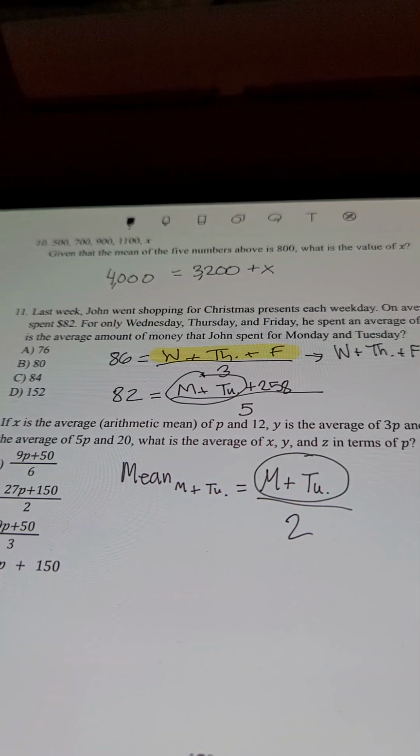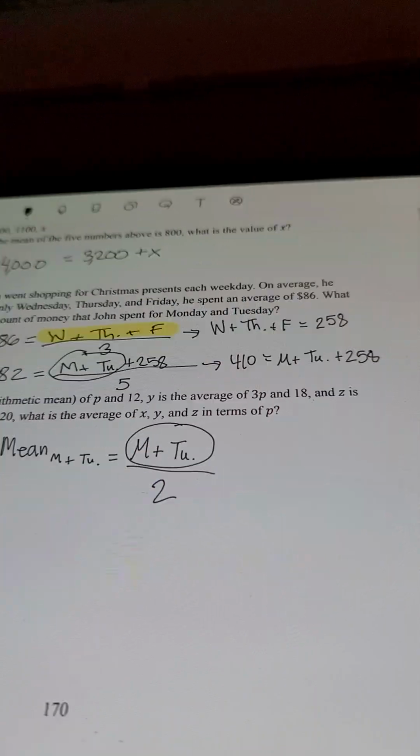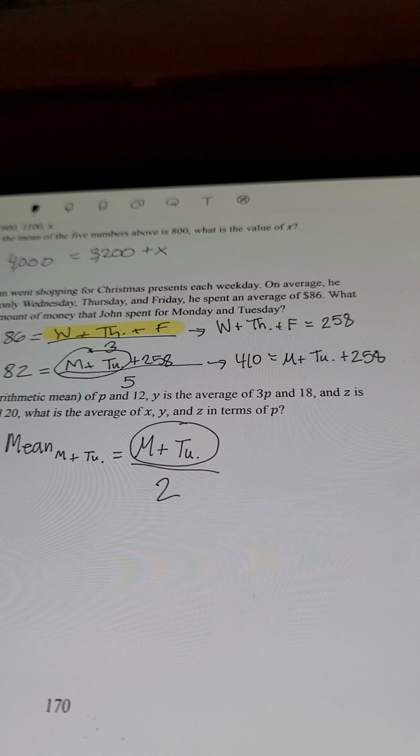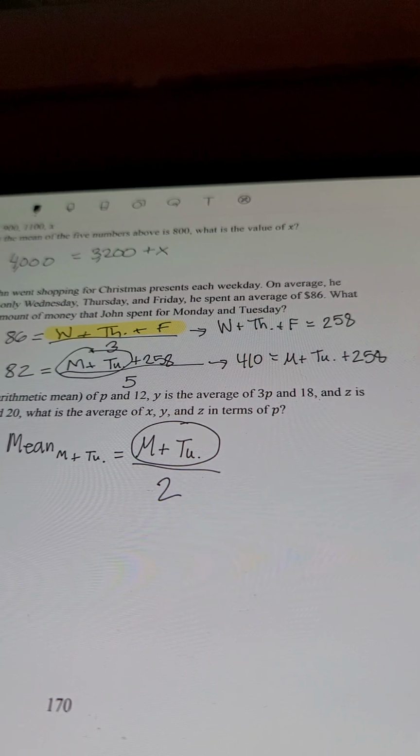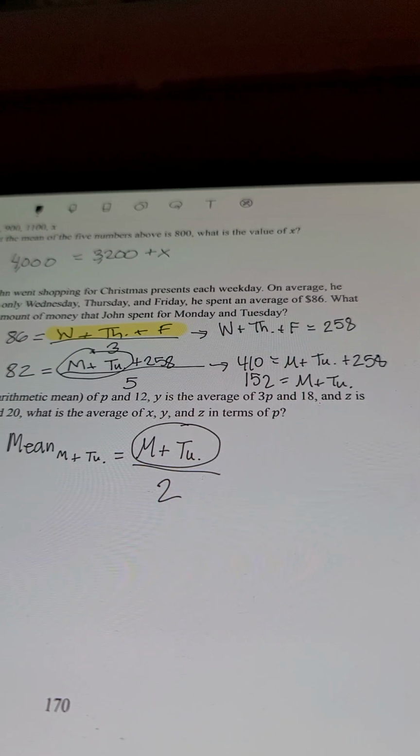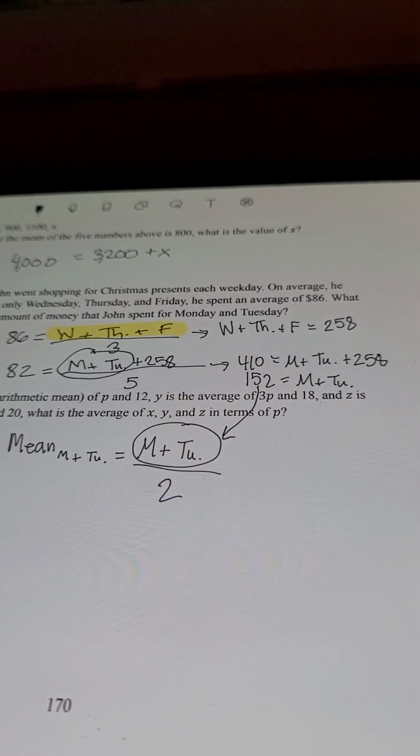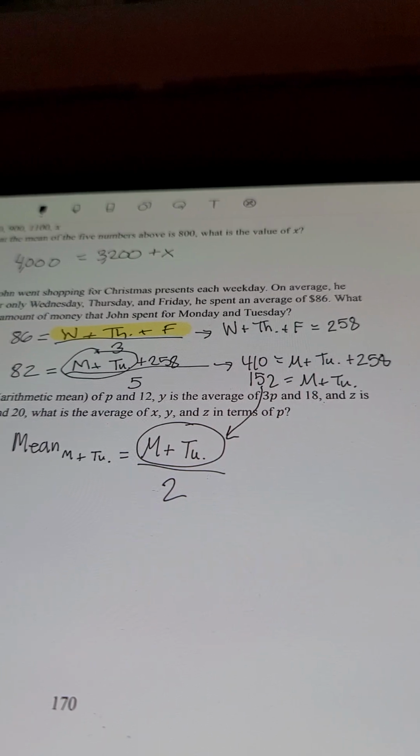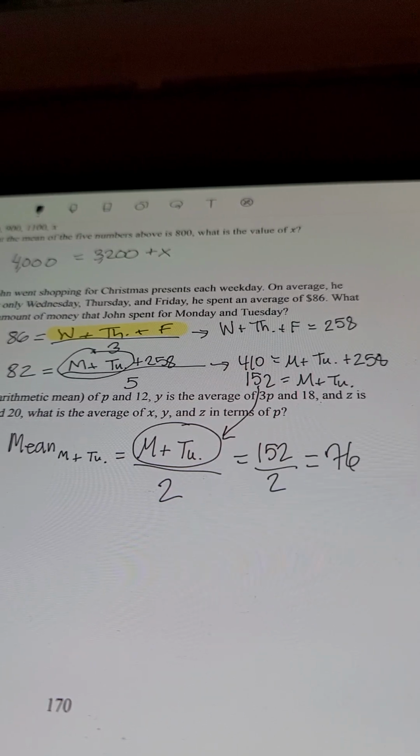So let's multiply each side by 5 because we're solving for Monday plus Tuesday. And this is what I get. Now I just need to subtract 258 from each side, and I've solved for the sum of Monday plus Tuesday. And that equals 152. So now I need to plug in 152 here, divide by 2, and I have my answer. And that gives me 76 as my answer. So the answer is A.